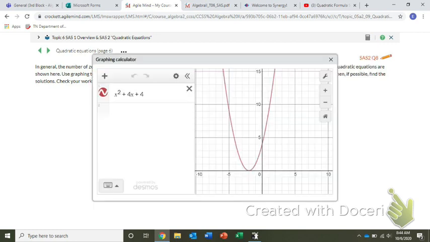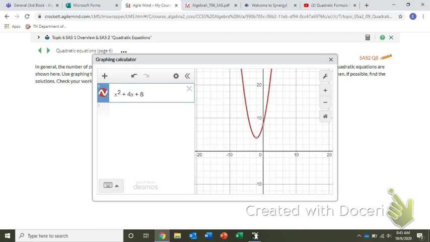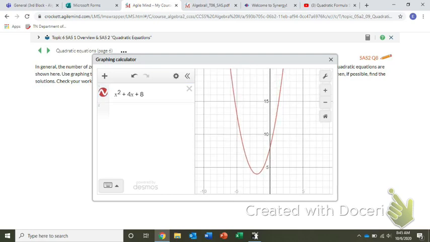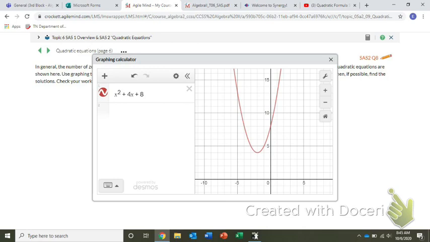So now for C, we are graphing x squared plus 4x plus 8. And if you look, it does not have any x-intercepts because here's our x-axis at the bottom.